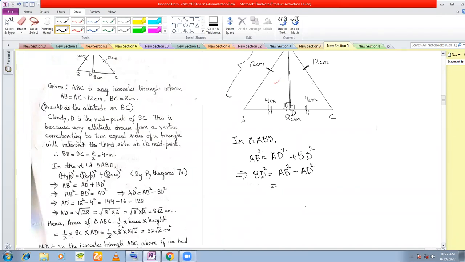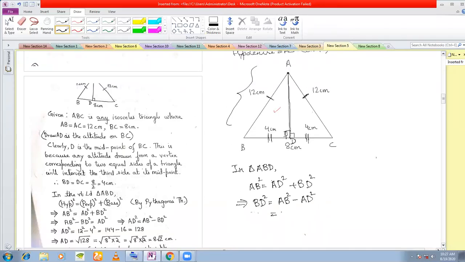How much is AB? AB is the hypotenuse. It is given to you as 12 centimeters. And AD, sorry, no, BD is given. My mistake. AD we have to find out.